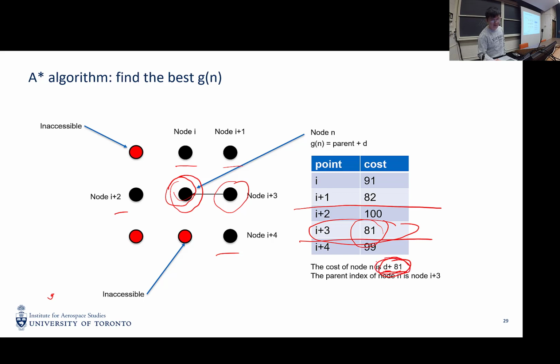We iterate through this process through all the neighboring nodes. If this one is the lowest, we just pick the summation of this one as the G cost here, and we set the I plus 3 node as the parent node of the current node. This is similar to the rewiring process in RRT style.